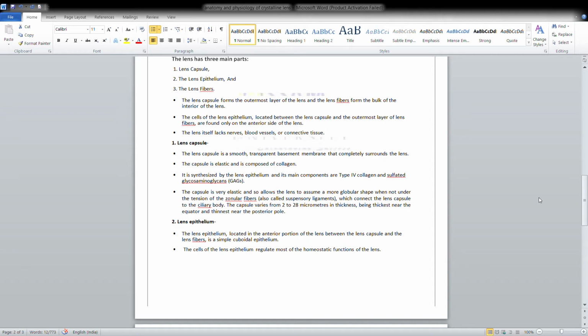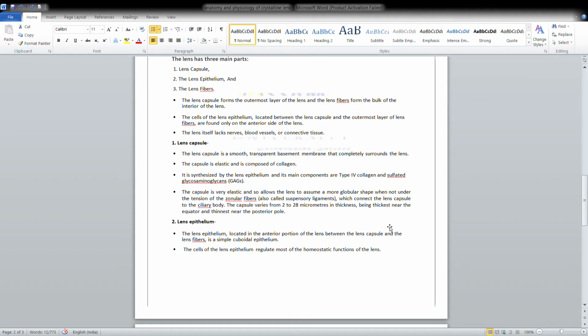It is synthesized by the lens epithelium, and its main components are type 4 collagen and sulfated glycosaminoglycans. The capsule is very elastic and so allows the lens to assume a more globular shape when not under the tension of the zonular fibers, which connect the lens capsule to the ciliary body.